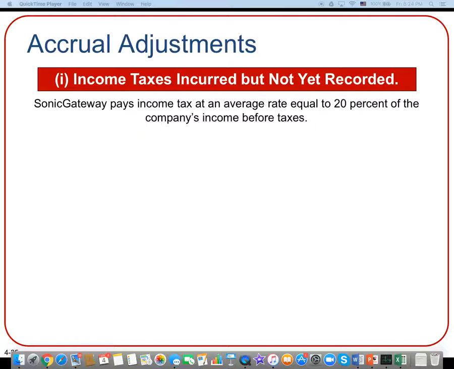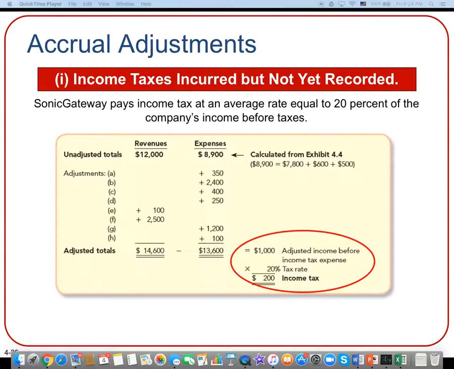Income tax incurred but not yet recorded. Exactly the same concept again as the interest expense accrual adjustment. Here we do a calculation first, right? The unadjusted balance and then total expenses, that's from your trial balance.